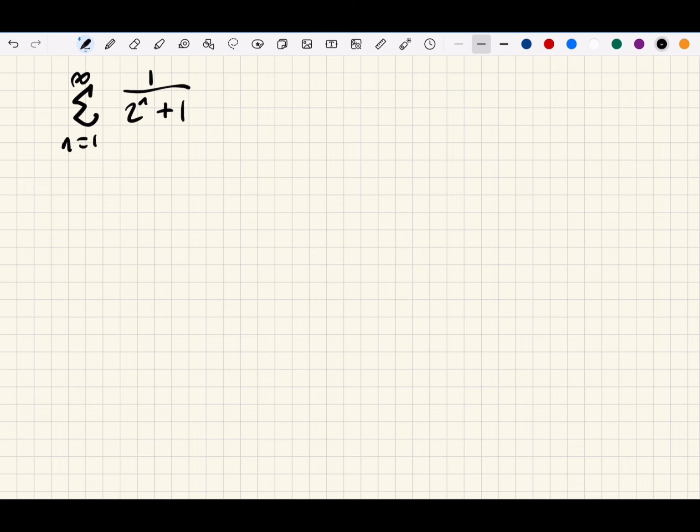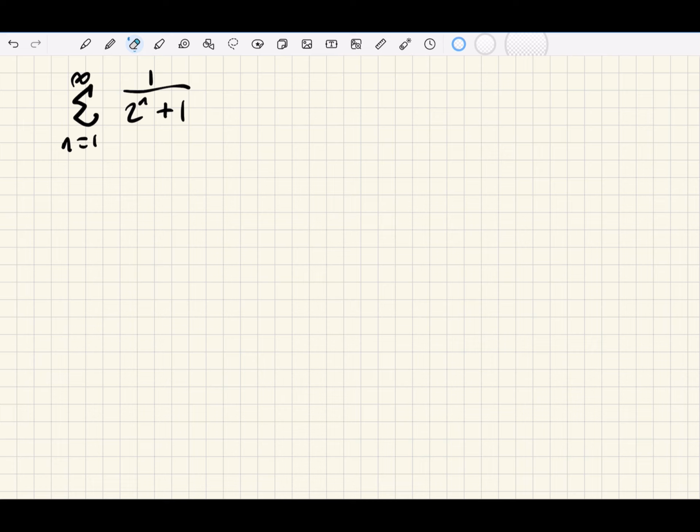What do you suspect about that thing as n goes to infinity? Well, the terms are certainly approaching zero, right?